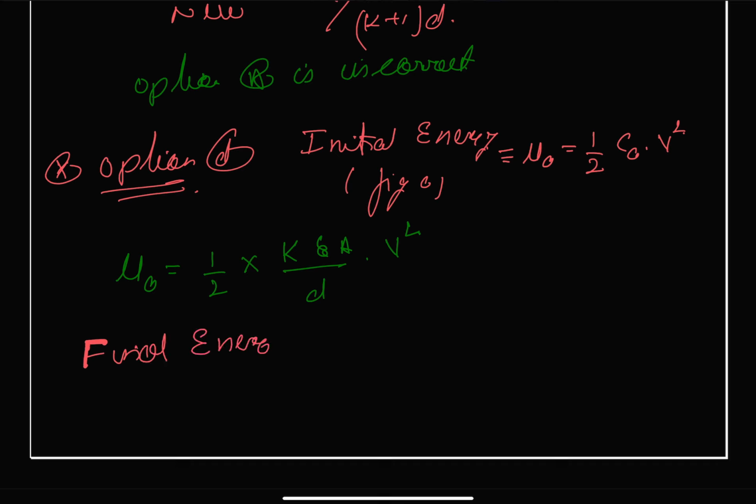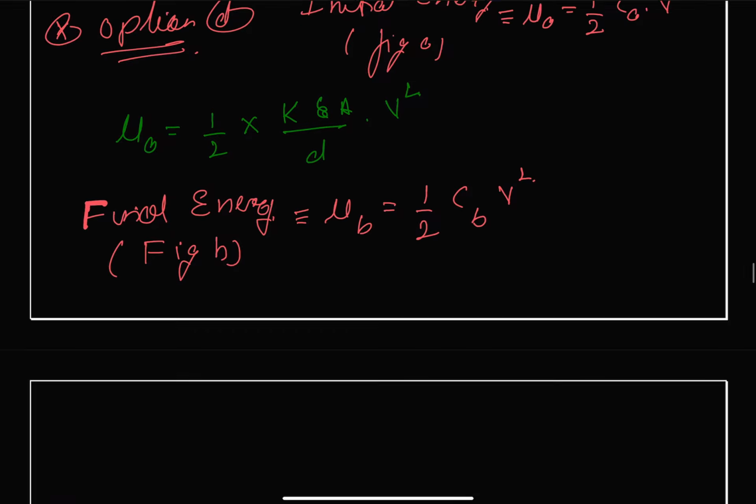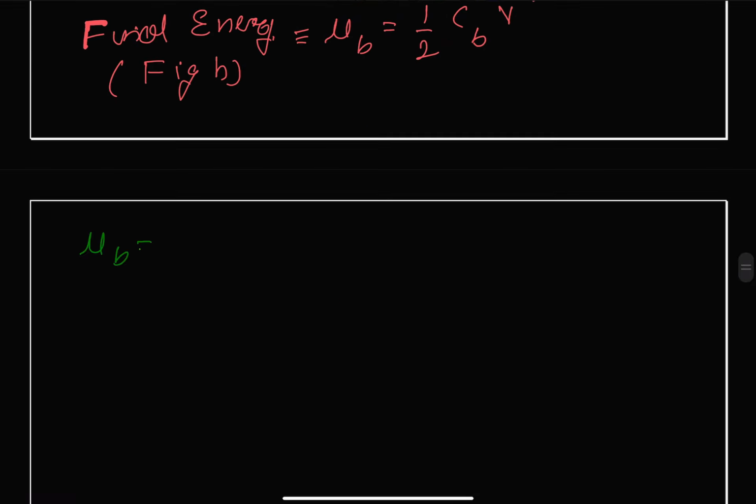That is figure B. So we can say UB is equal to half CB V square, because voltage is the same. CB we found out, so UB will be equal to half epsilon A over D times 1 plus 1 upon K times V square. So we are going to find the work done, that is the difference between the energies.